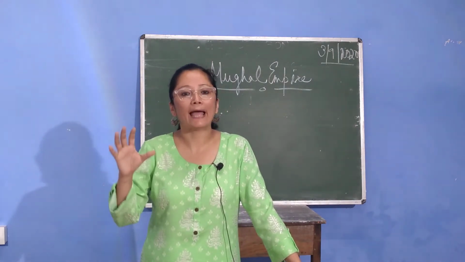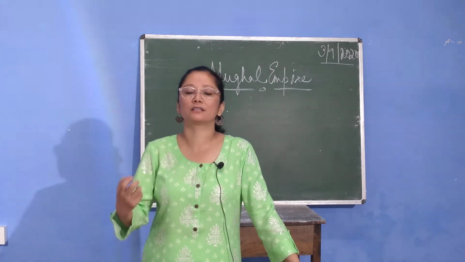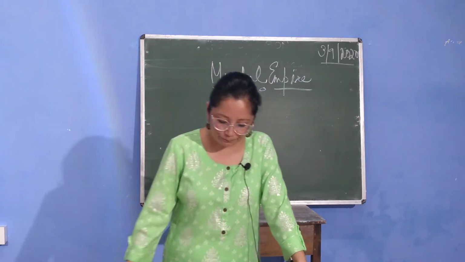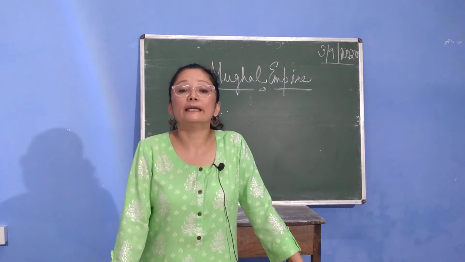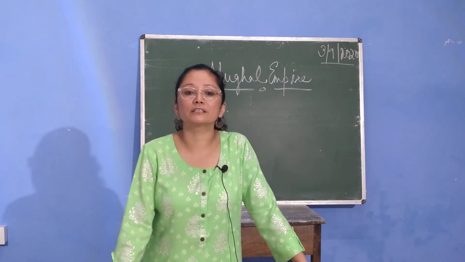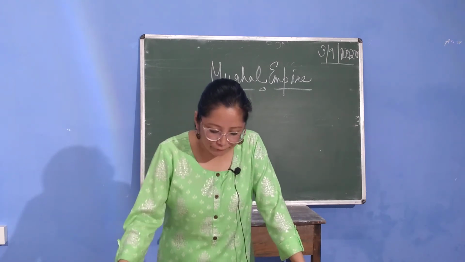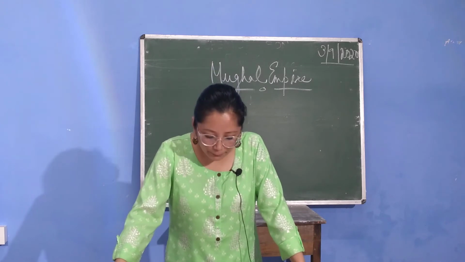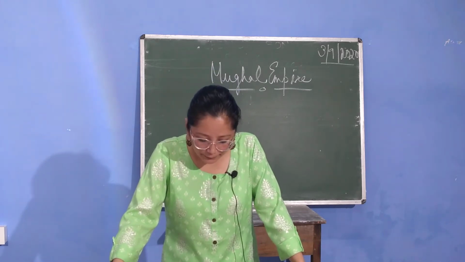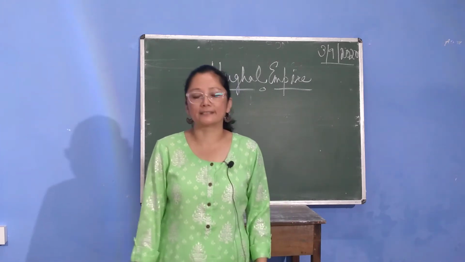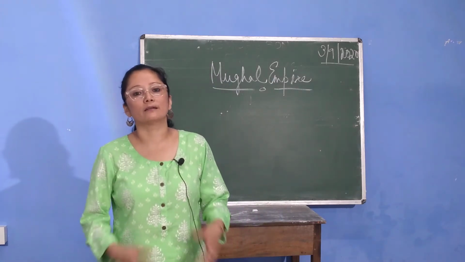The main person who actually started the Mughal Empire was Babur, when he defeated Ibrahim Lodi in the first battle of Panipat in 1526. Babur started an illustrious empire and it reached its zenith under his grandson Akbar.